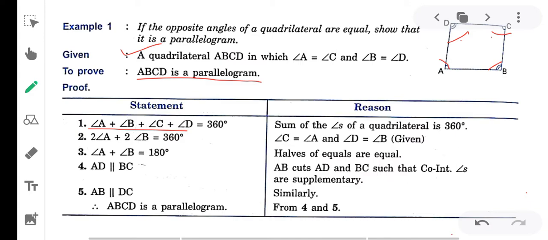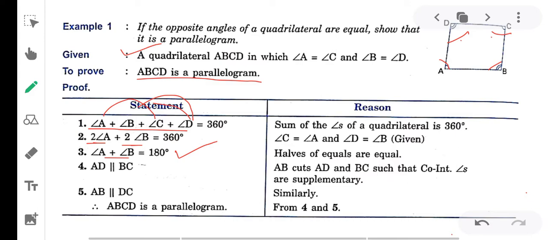Now angle A equals angle C and angle B equals angle D. So instead of angle A plus angle C, we can write 2 angle A, and like that 2 angle B. So 2 angle A plus 2 angle B equals 360. Then angle A plus angle B will be 360 by 2, that is 180 degrees.